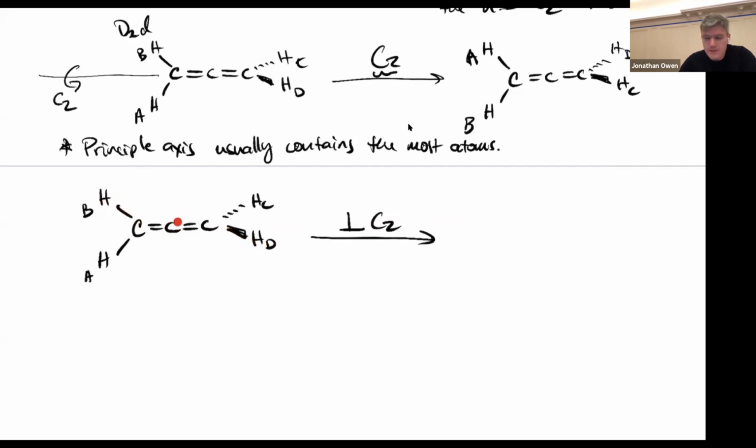So it's 45 degrees in between those two hydrogens that will swap the B and the D and the C and the A. Can't really draw that too easily. Let's just draw it out like this. I said B is becoming D, C is becoming A.